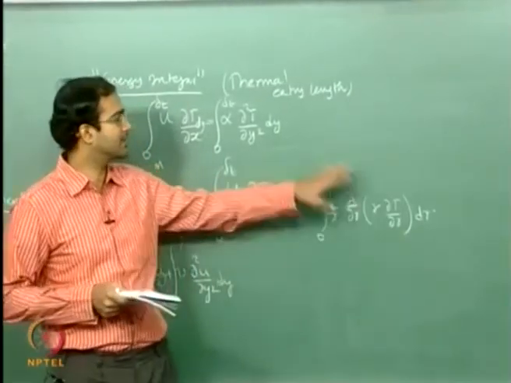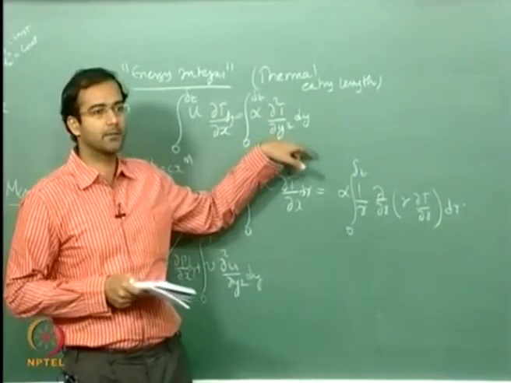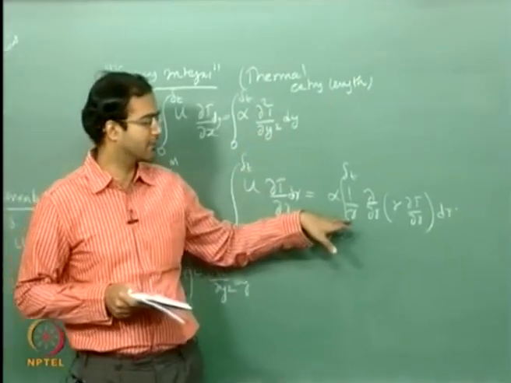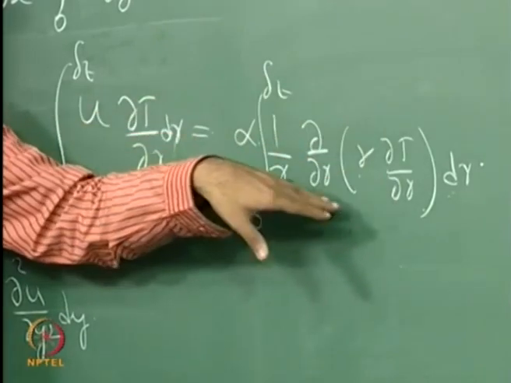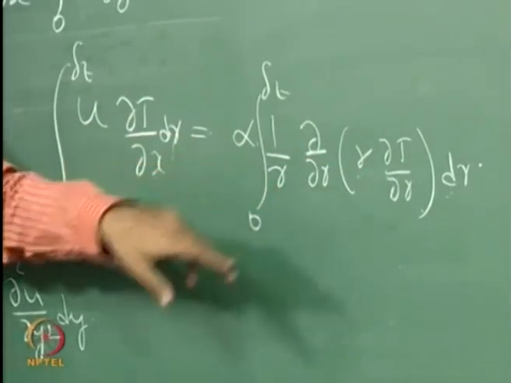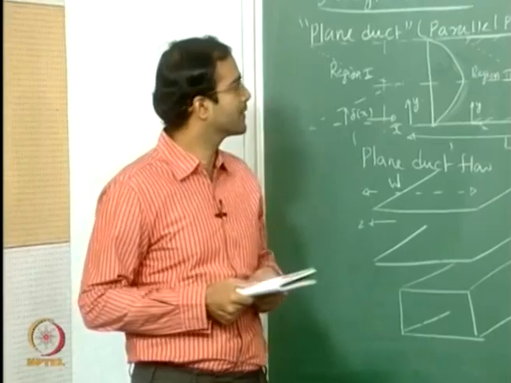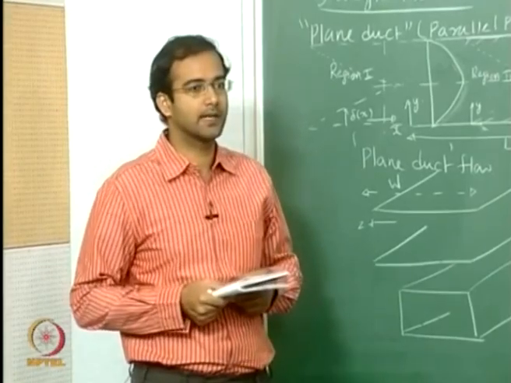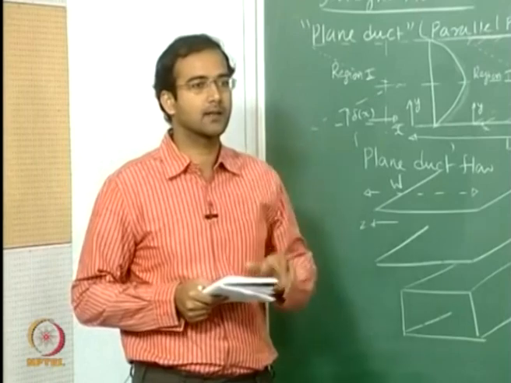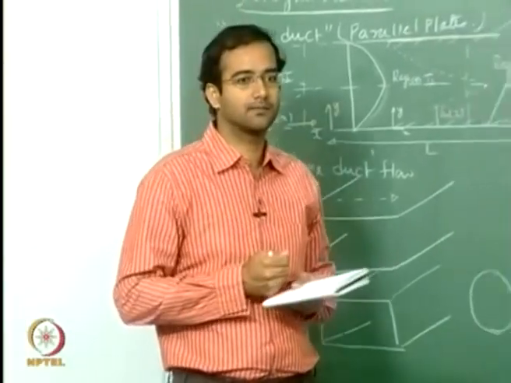You cannot just say this is dT by dy at y equal to 0. This is a function of r and you have a function of r inside also. So this becomes a little bit more cumbersome to apply to a circular cross section. Therefore most of the solutions using the integral technique are restricted to Cartesian coordinate system.